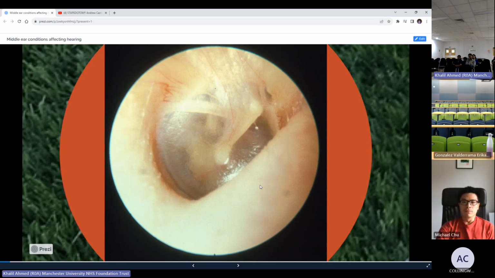So let's take it in turns to name structures we can see in the middle ear. So that doesn't count the handle of the malleus. It counts only structures in the middle ear. So feel free to shout them out for a point each.